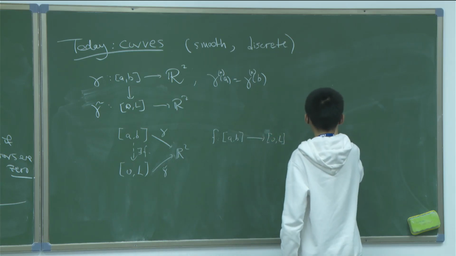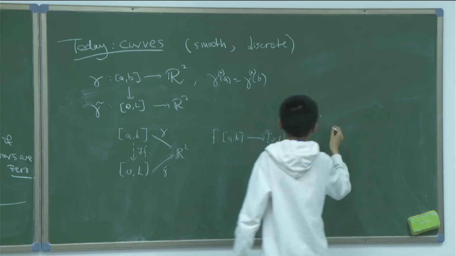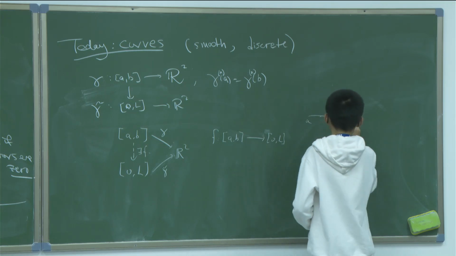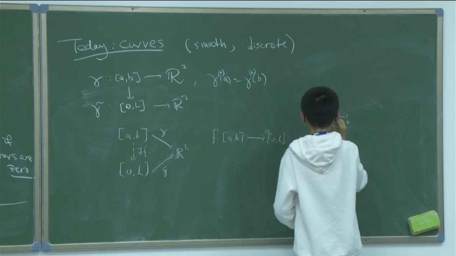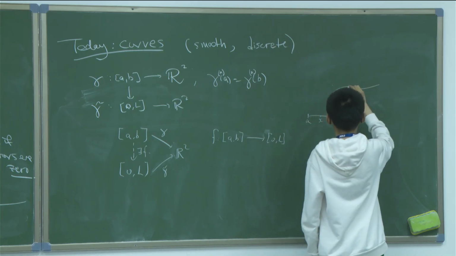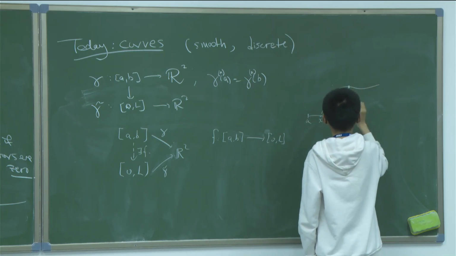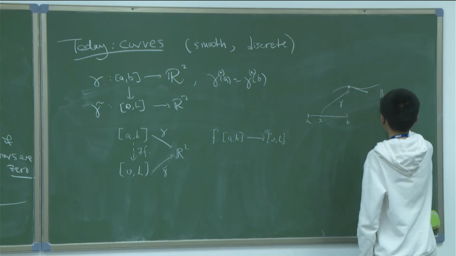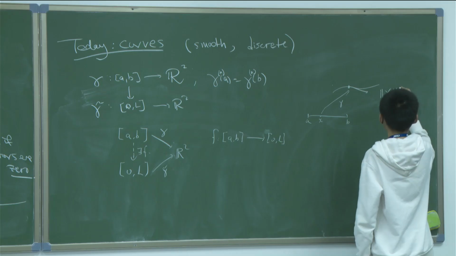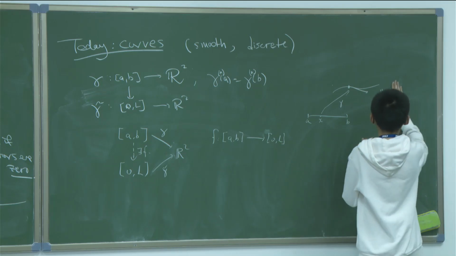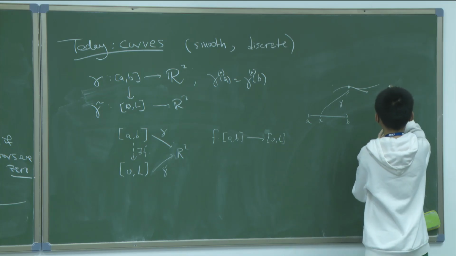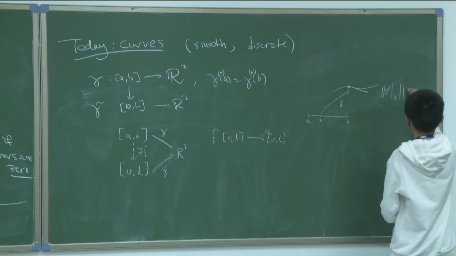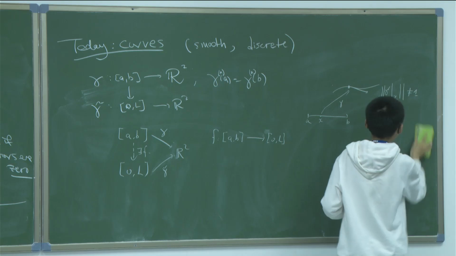For example, this is AB. This is X, and this is the curve gamma. And this is gamma prime of X. This one is not equal to 0, because it's smooth.